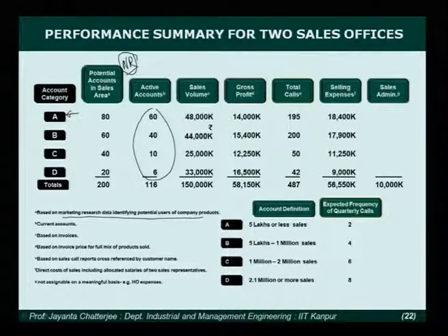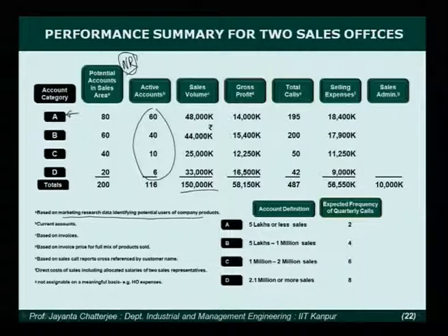Suppose the sales volume based on our invoices is 48 million, 44 million, 25 million and 33 million rupees. The overall sales volume is 150 million rupees, but each category has a different profit result.